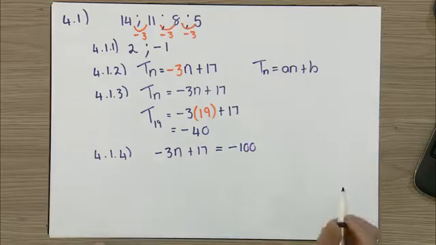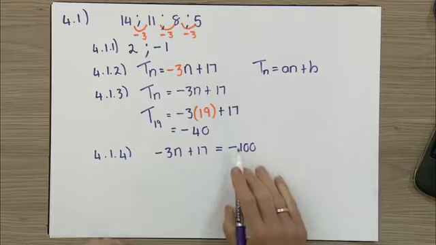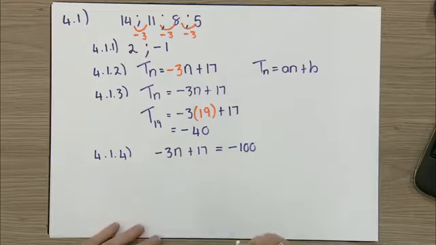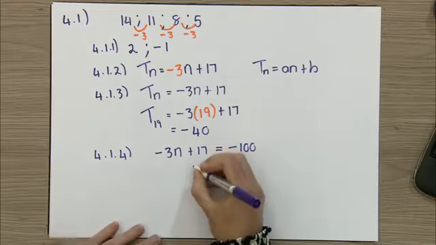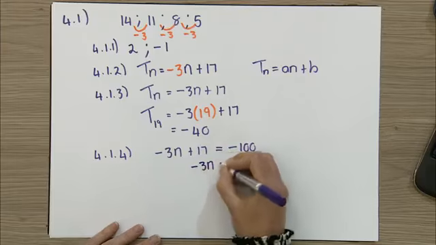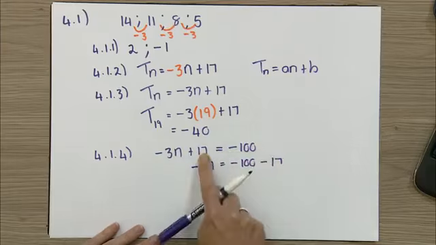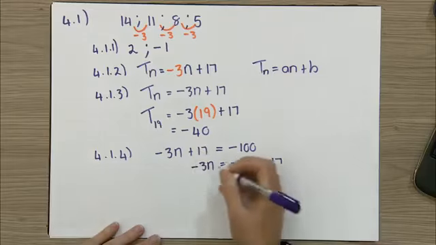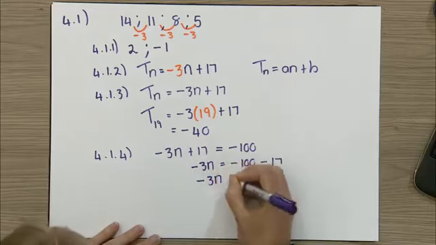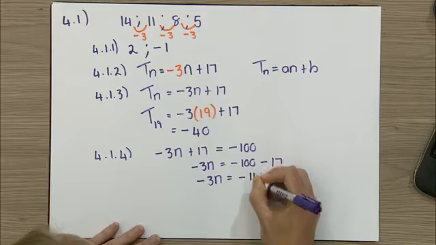So I can work out which term in the pattern is equal to negative 100. And now we're back to a grade 8 equation. So negative 3n equals negative 100 minus 17. That gives me negative 3n is equal to negative 117.